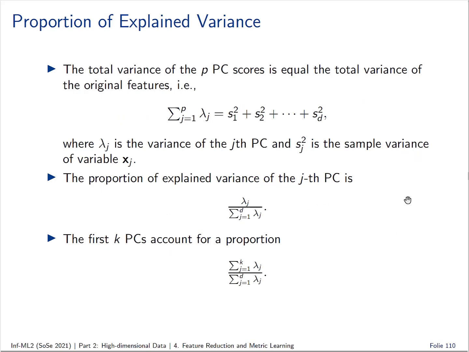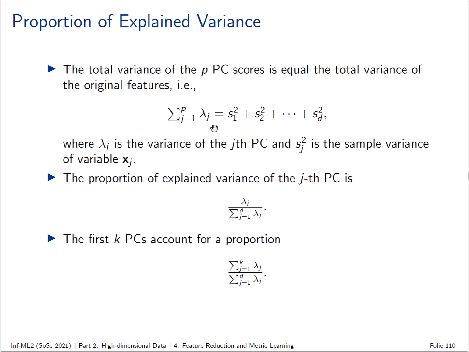So now to the question, what kind of k should we use? Well, we could look at how many principal components explain what proportion of the total variance. The total variance of the d PC scores is equal to the total variance of the original features.